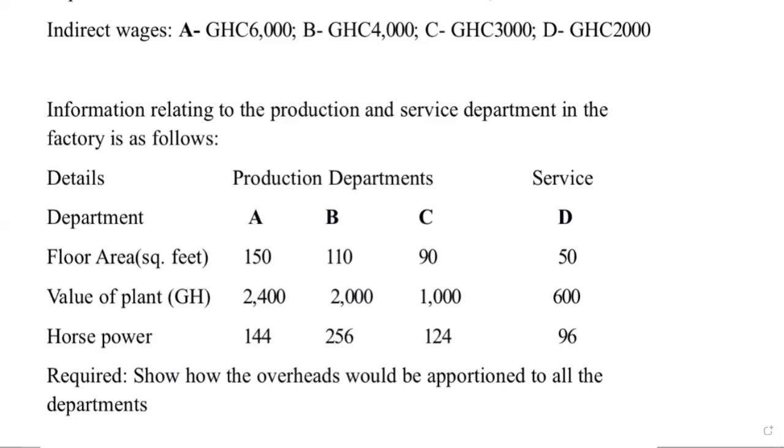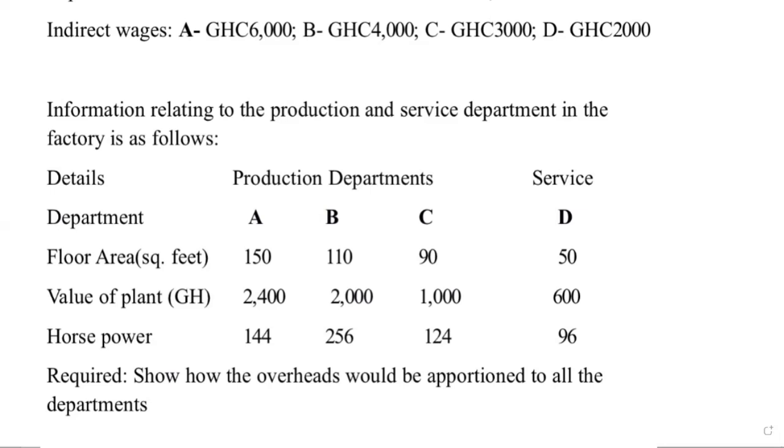Information related to the production and service department in the factory is as follows. We have the departments A, B, and C, and D. Floor area is 150 for A, 110 is for B, 90 is for C, 50 is for D, which is the service department.